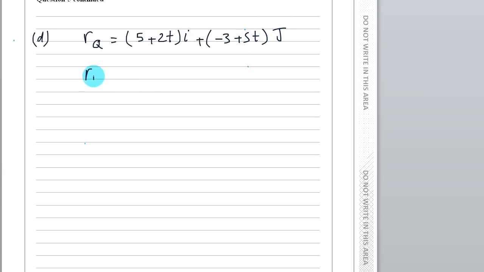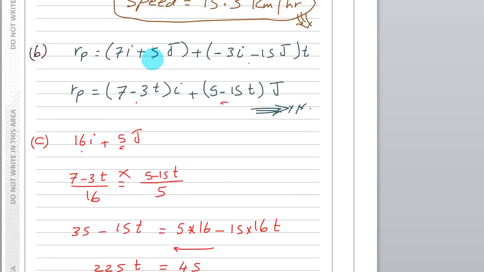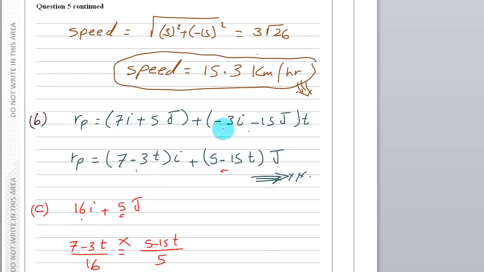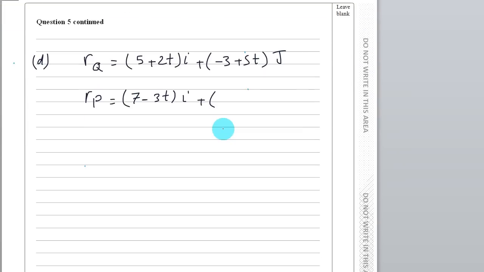And we have RB, which is equal to 7 minus 3t in i, plus 5 minus 15t in j.